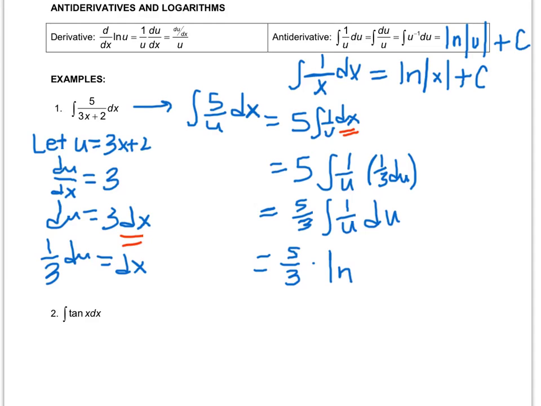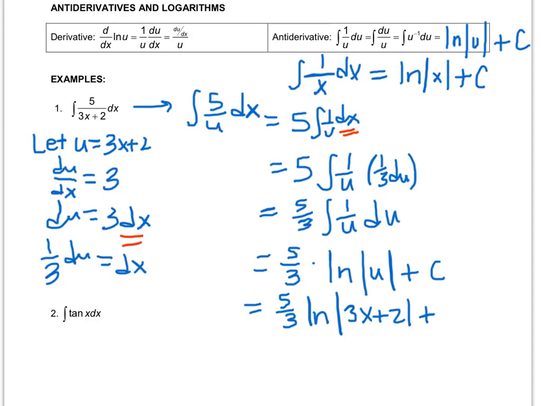There we go: 5/3 times the natural log of the absolute value of u plus c. And then the last step is going to be to substitute in for u. And there it is.